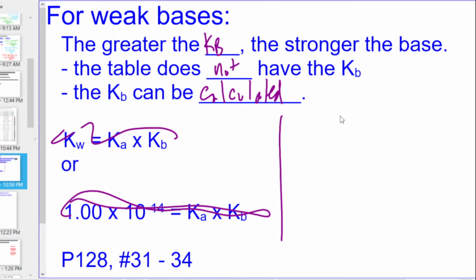I would like you to write the Ka for the generic acid HA. Write out the equation first if you need to, but what would the Ka for that be?